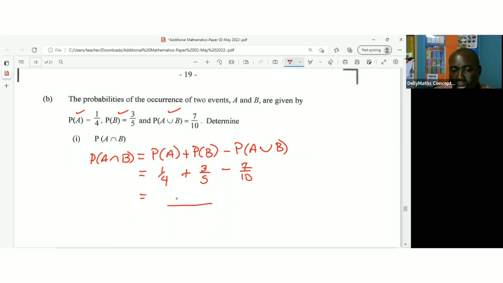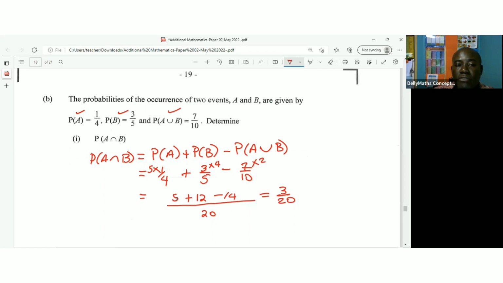So let me draw a line here. We're talking about using 20. So 4 into 20 goes 5 times, and 5 times 1 is 5. 5 into 20 goes 4 times, 4 threes, that is 12. 10 into 20 goes 2 times, and 2 times 7, that is 14. If we add those, 17 at the top minus the 14, I'm getting 3/20.